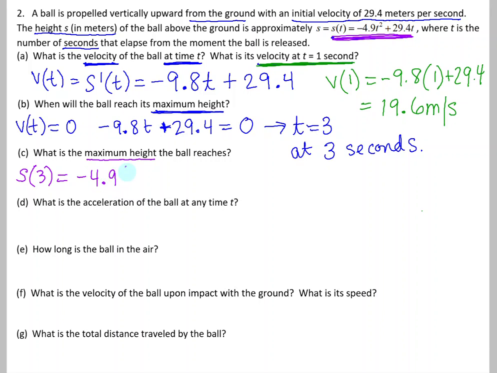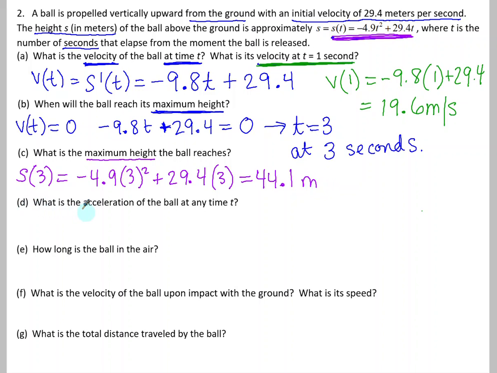Negative 4.9 times 3 squared plus 29.4 times 3, which makes 44.1. And again, being a scenario, there are words in our answer. This would be m for meters.